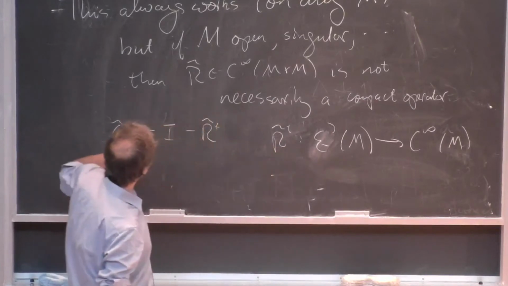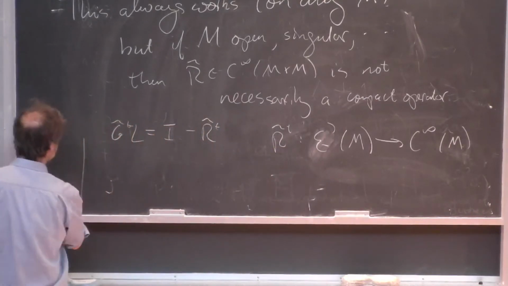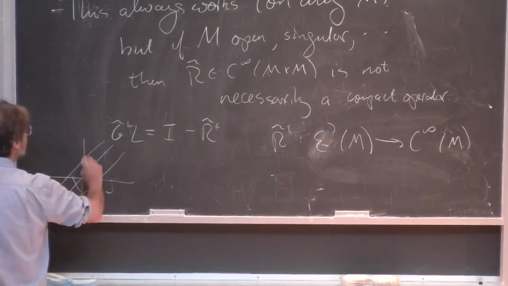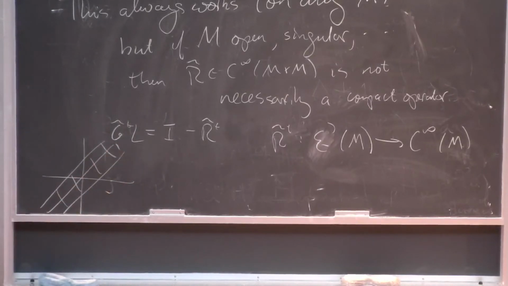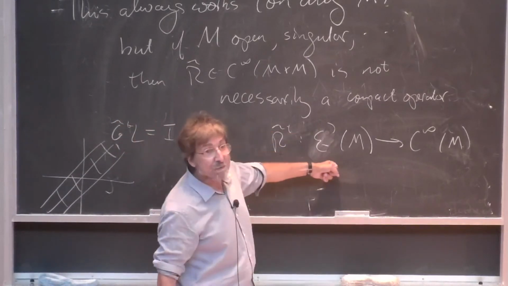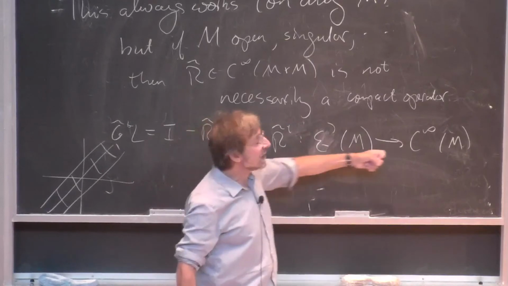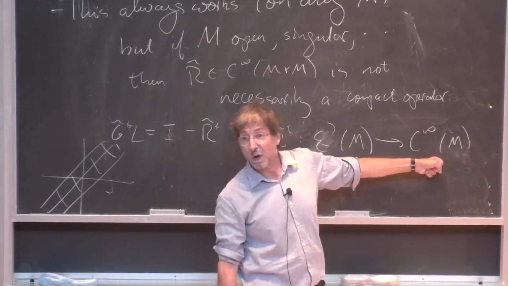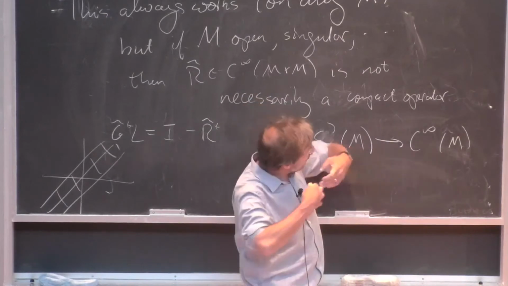Now, if I'm a little bit more careful with growth, suppose, for example, that here's the diagonal, and I just cut everything off to be supported in a distance 1 neighborhood of the diagonal, then with a little bit of work and a few minor assumptions, you can assume that whatever the rate of growth of this is at infinity, this smooth function has the same rate of growth. But it does not improve growth. It doesn't make you decay faster.